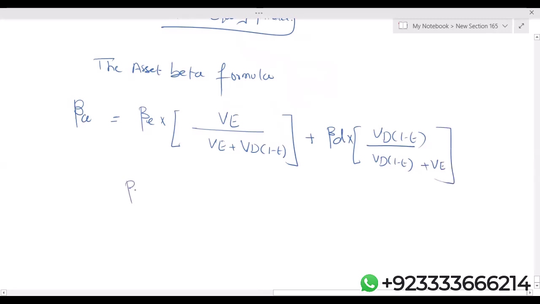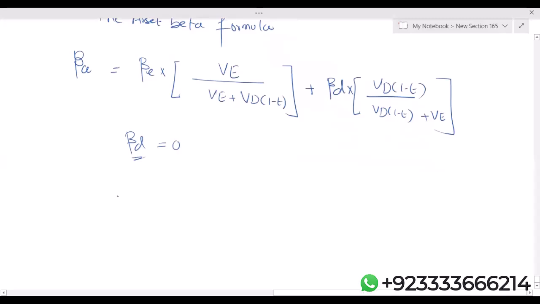Actually, beta debt shows the risk of default. And normally, I'm saying normally, not always, but normally in AFM, we assume default risk is 0. Means the company will pay the liability on time. So when beta debt is 0, the formula changes and it becomes simple.